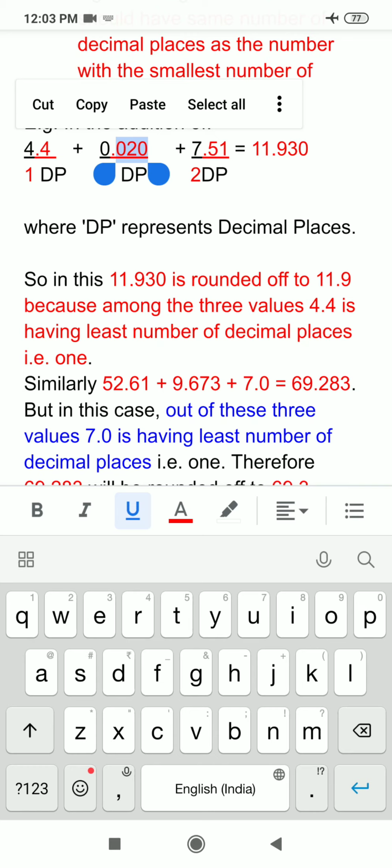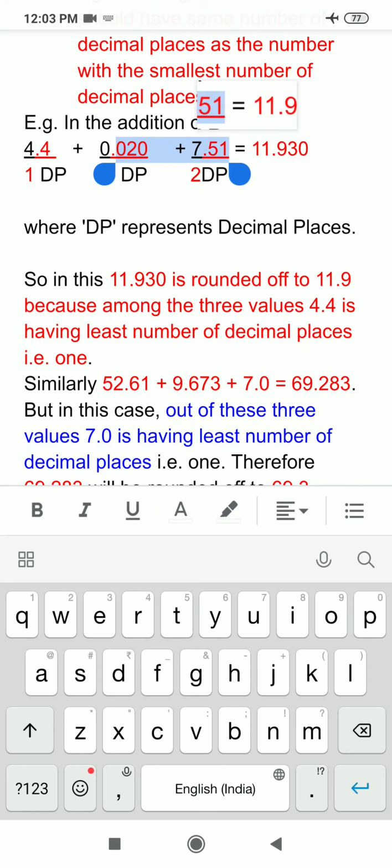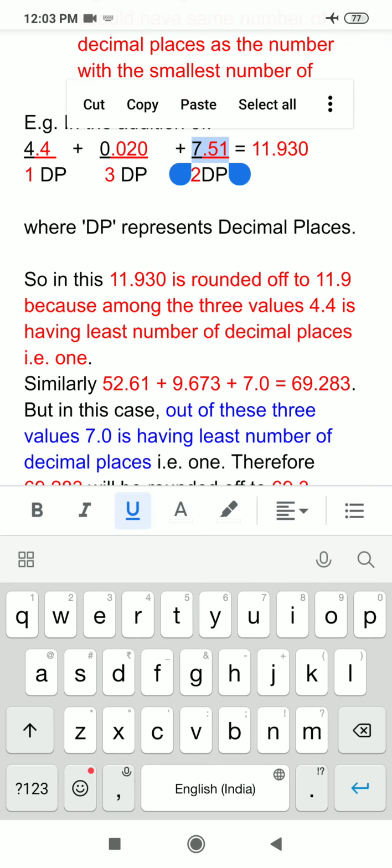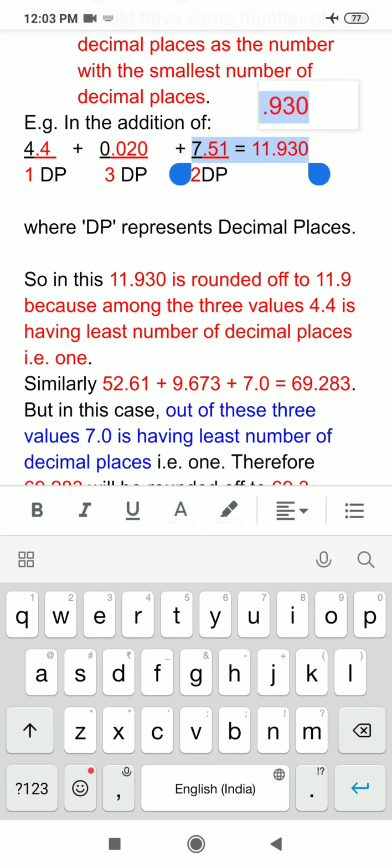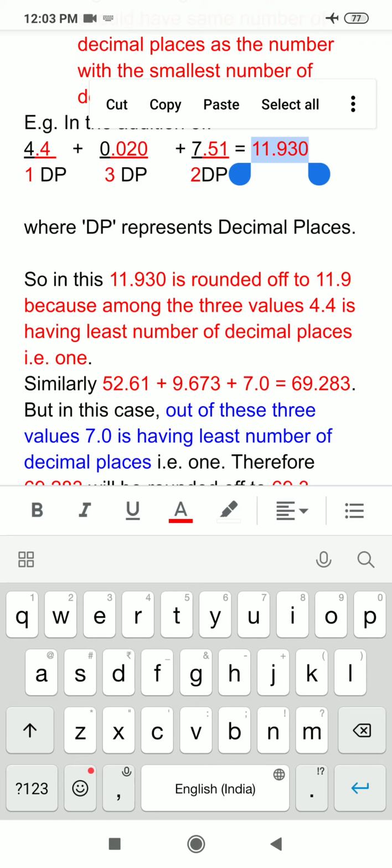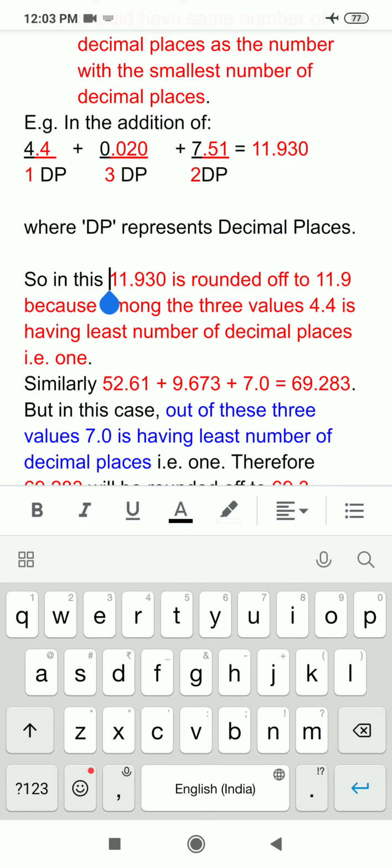I have written decimal places below this to clarify, and 7.51 is having two decimal places. Now their sum is 11.930, but how many decimal places will we show in the result? In this case, 11.930 will be rounded off to 11.9.